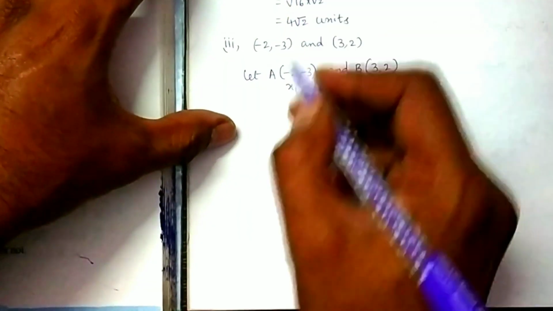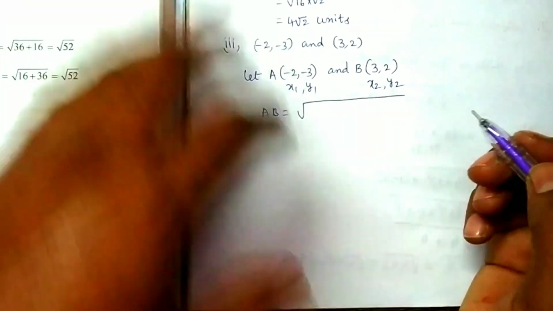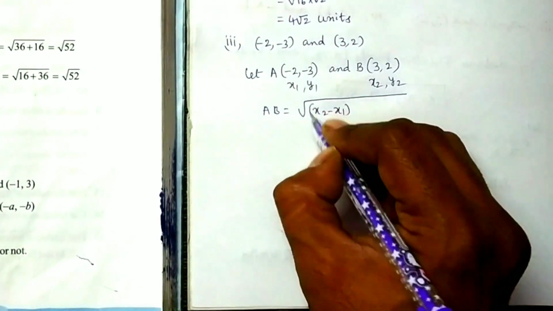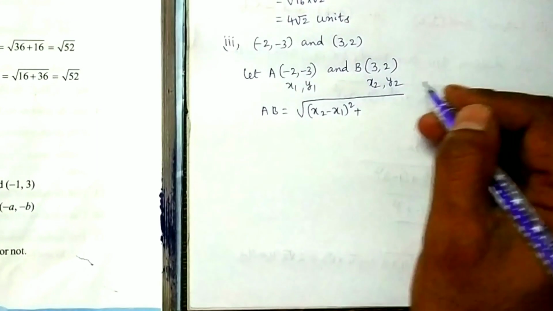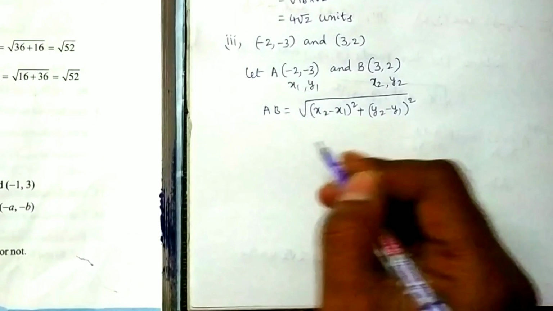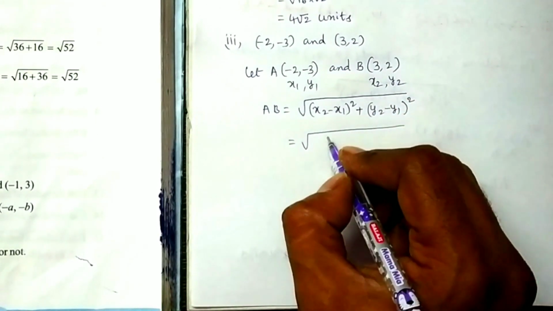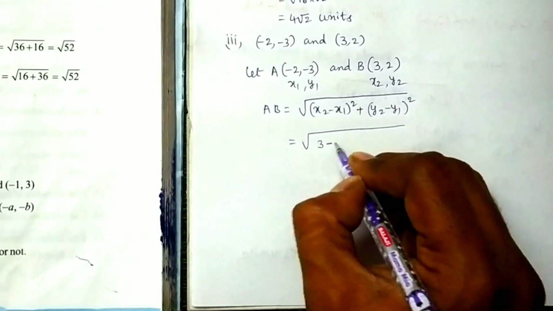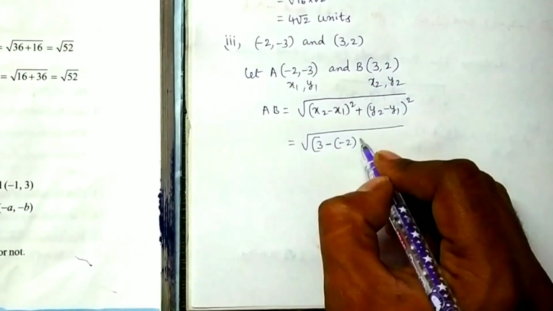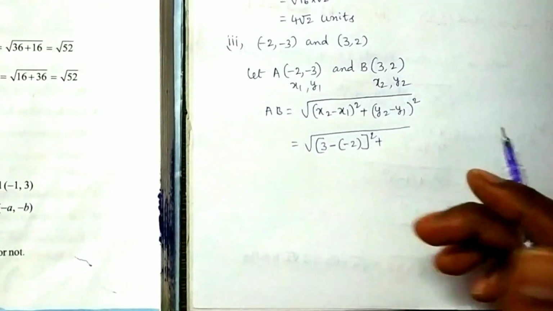So the distance between 2 points AB is equal to square root of (x2 minus x1) whole square plus (y2 minus y1) whole square. So substitute these values. X2, that is 3 minus of x1, minus 2, whole square plus y2 minus y1 whole square.